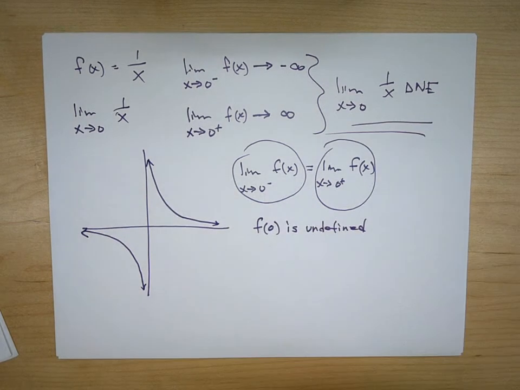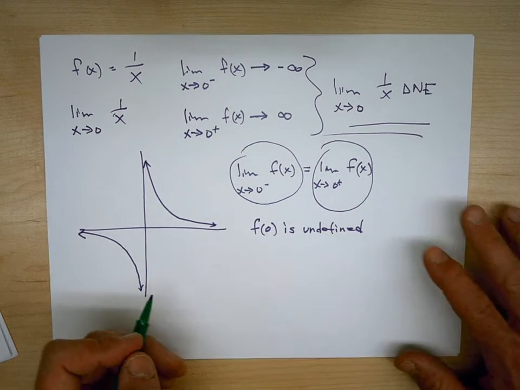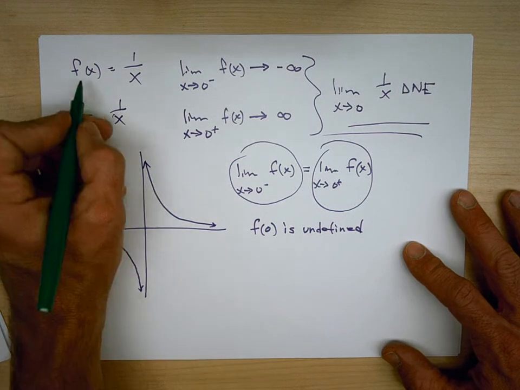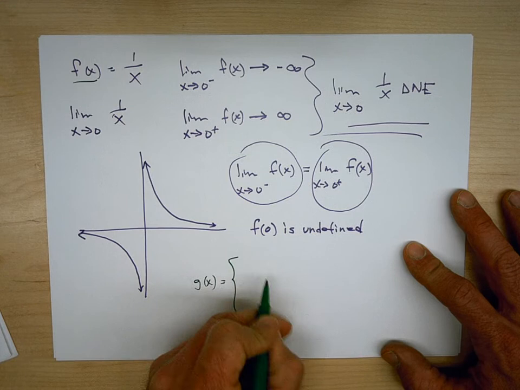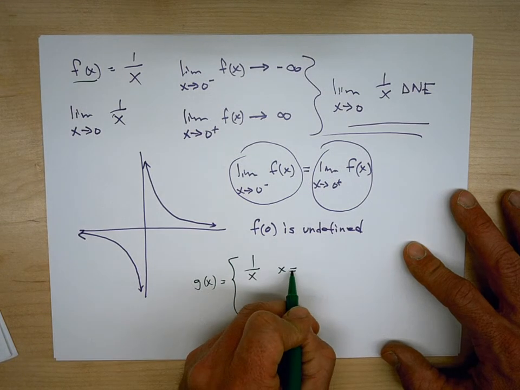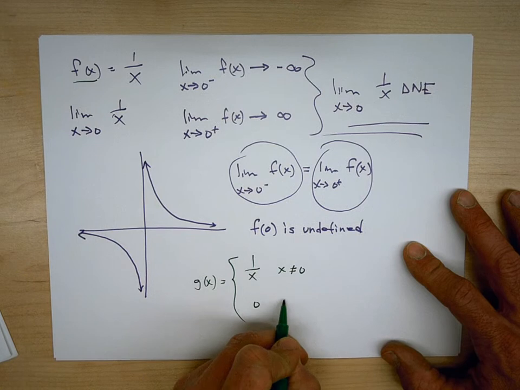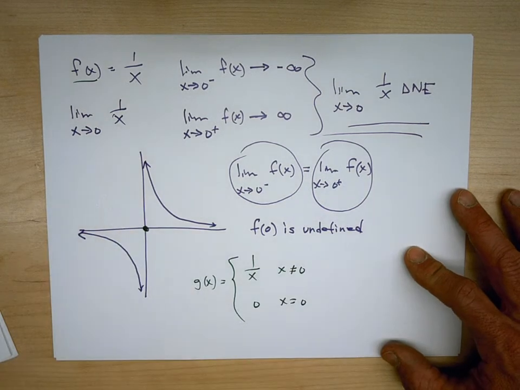In fact, I will give you another example, very similar to this one, where f of 0 is defined and we have the exact same result. So let me define g of x to be 1 over x when x is not equal to 0. I'm going to call it 0 when x does equal 0. So it's going to look just like this function, except it's going to have a function value right there.